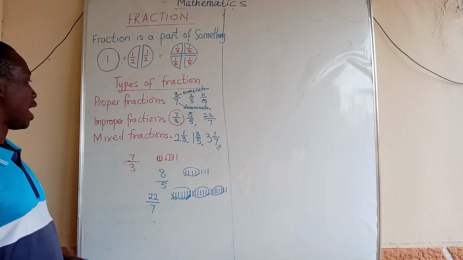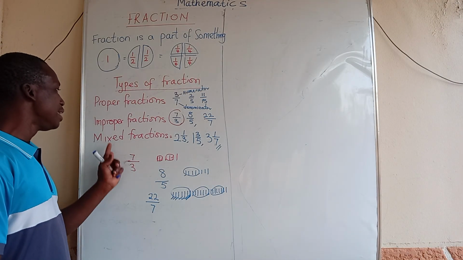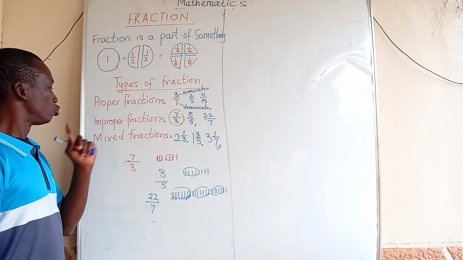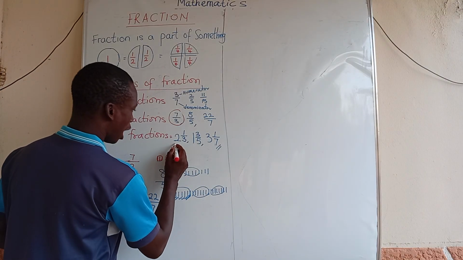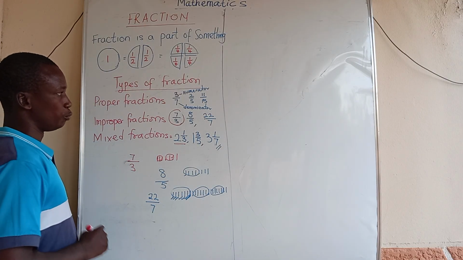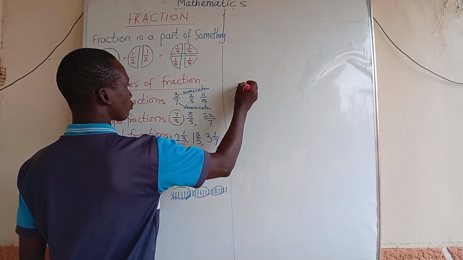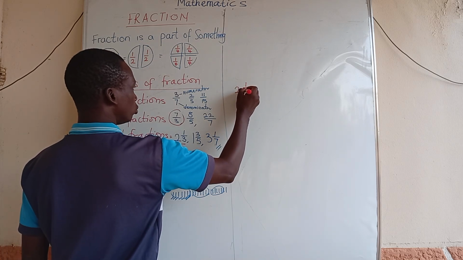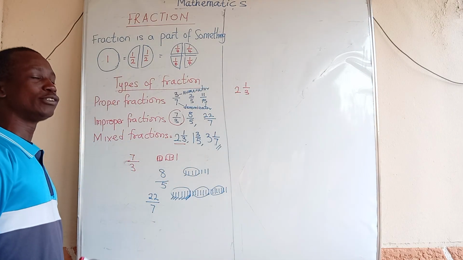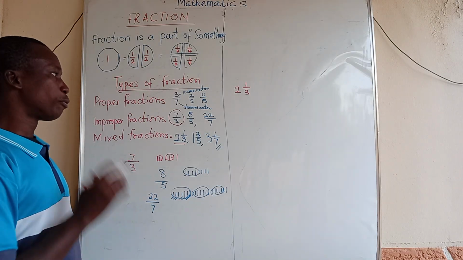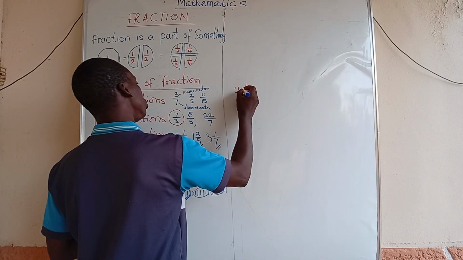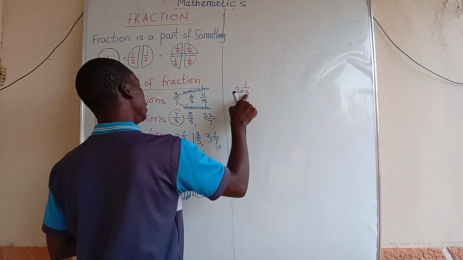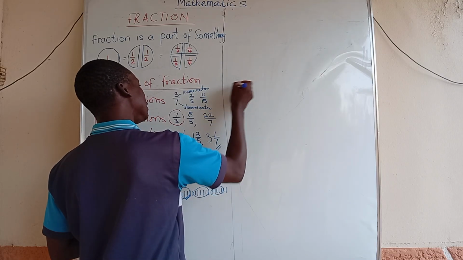Now, how do we convert from a mixed fraction to an improper fraction? Okay, let's use our question as example. We have 2 whole number 1/3. We want to convert it to an improper fraction. We'll simply multiply the whole number and the denominator, and then we add the numerator.